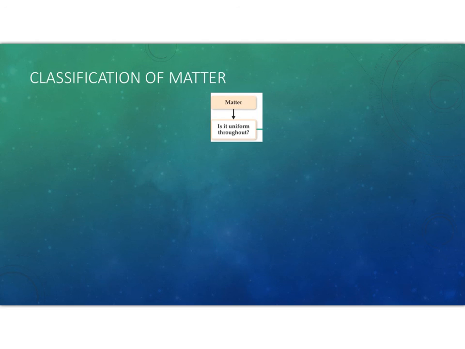Next step. Off of the box at the top of your paper that says matter, I want you to draw an arrow going down. And inside a new box, I want you to write, is it uniform throughout? This question helps us determine the appearance of our sample of matter. Does it look the same throughout, or can I see differences throughout my sample?